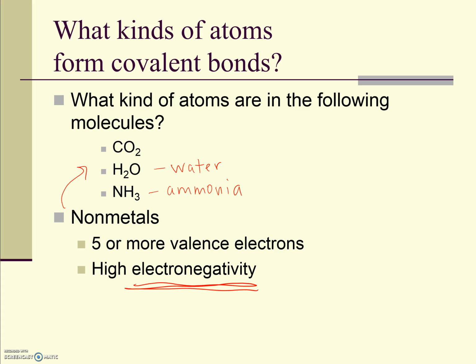We're going to refresh ourselves on our dot diagrams, and we're going to go through a lot of examples so that you can see how these elements are sharing or transferring electrons, and then ultimately what shape they're going to become, because all of these molecules are bonded together three-dimensionally, so we need to look and see what sort of shape they're going to form.